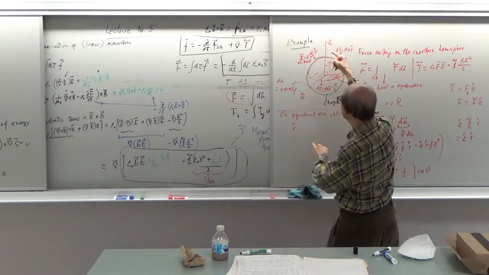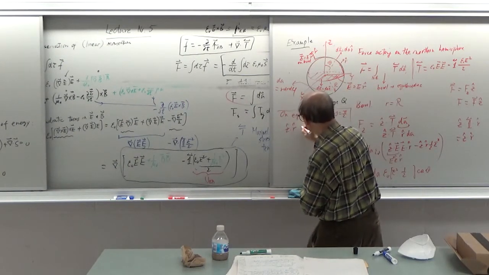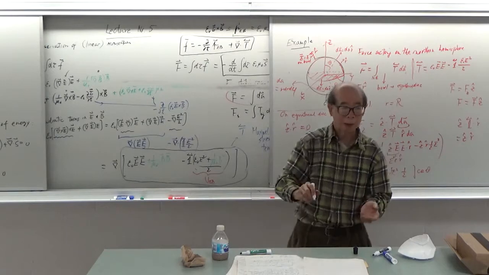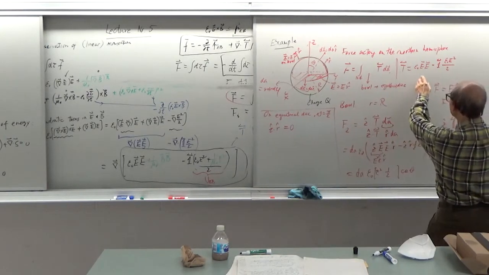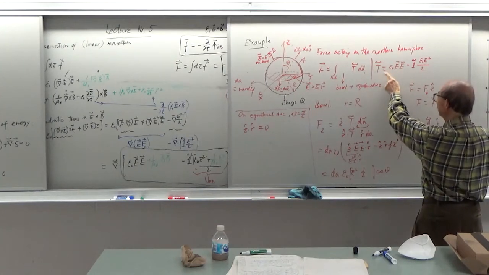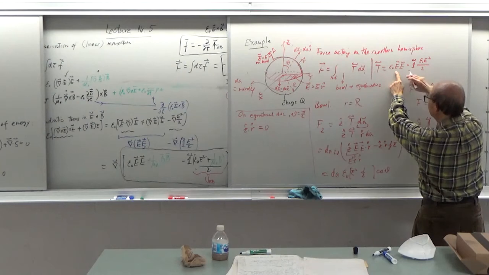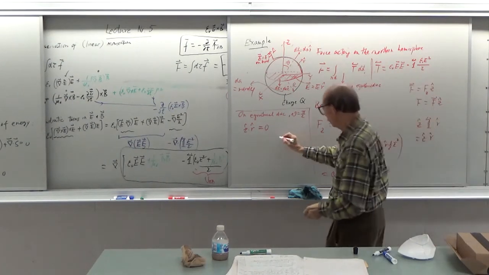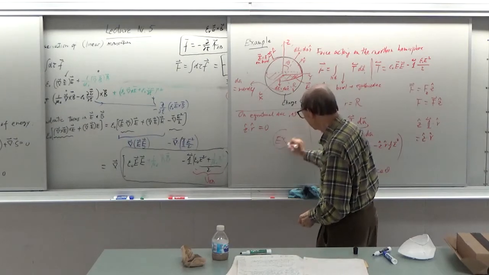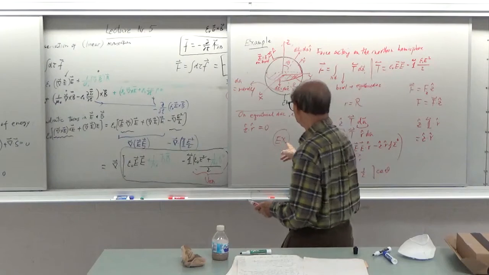We are interested in the Z component only, so project out the Z. So the part involving this term in the stress tensor would be 0. The only non-zero contribution comes from this term. So let me leave it as an exercise for you to finish up the calculations for this example.